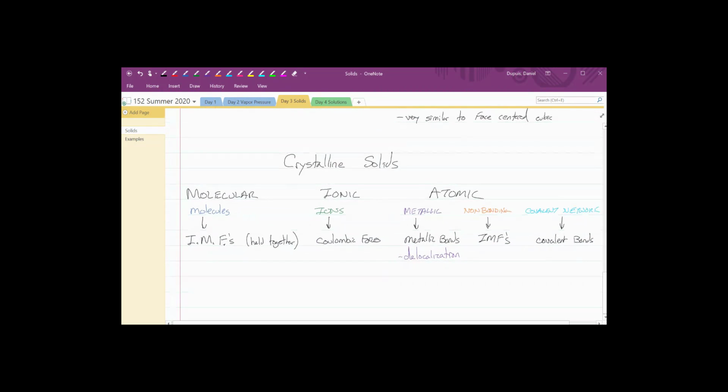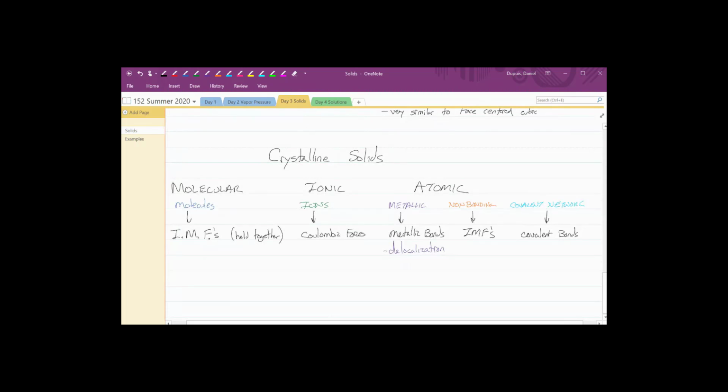All right. So molecular solids typically have low melting points. Let's write that out. Think ice.